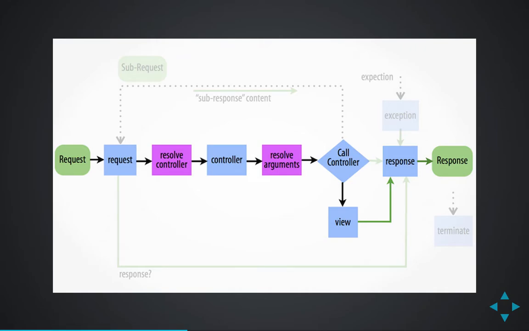We call the controller. And if the controller returned a response, we don't go to the view event below. We go immediately to the right, trigger a response event, and send a response. But if the controller did return something else, like a render array or whatever other kind of object, other than a response object, the view event is triggered, and then that is responsible for generating a response object.